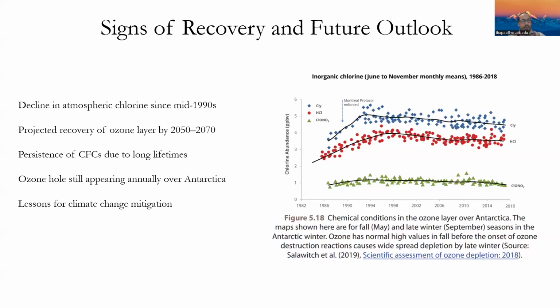This recovery is often hailed as one of the greatest environmental successes, offering a valuable, though imperfect, lesson for addressing global challenges like the one we are facing in our lifetime, climate change.